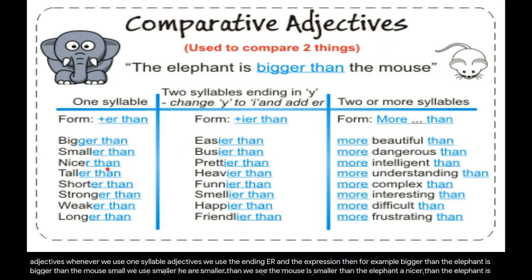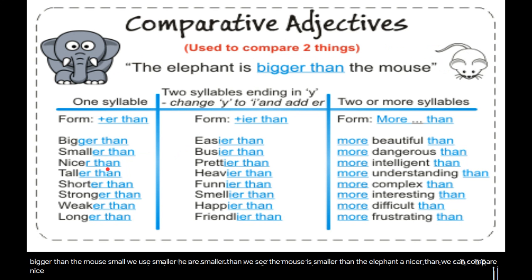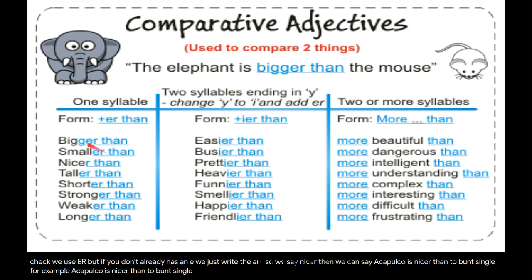Okay, nicer than, we can compare nice, check. We use ER, but if it already has an E, we just write the R. So we say nicer than. We can say Acapulco is nicer than Chilpancingo, for example. Say taller, taller than.